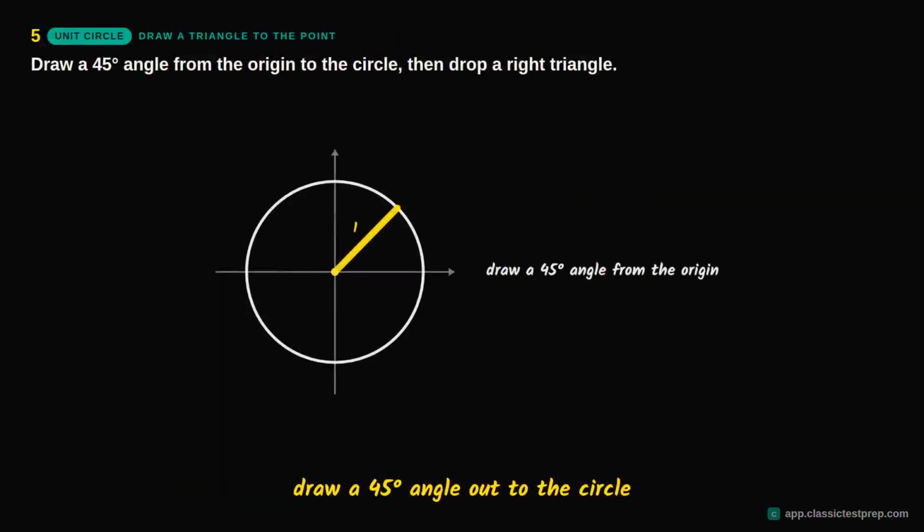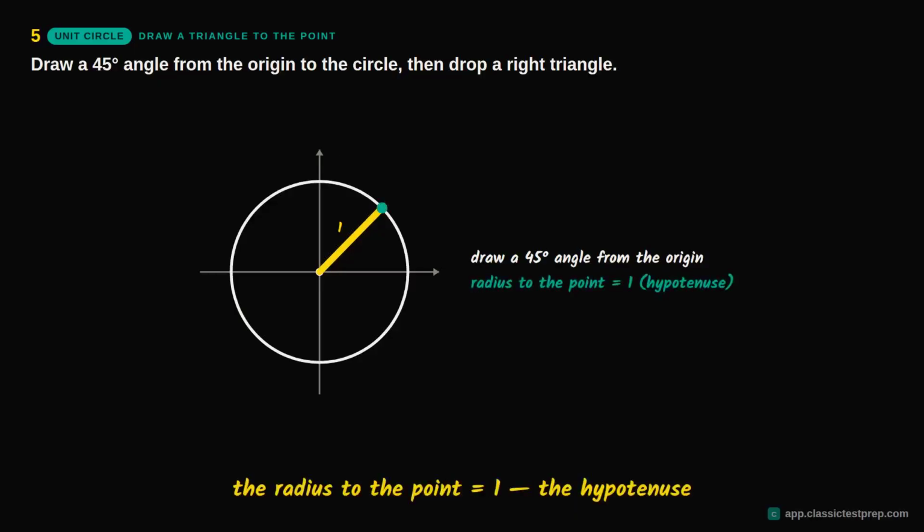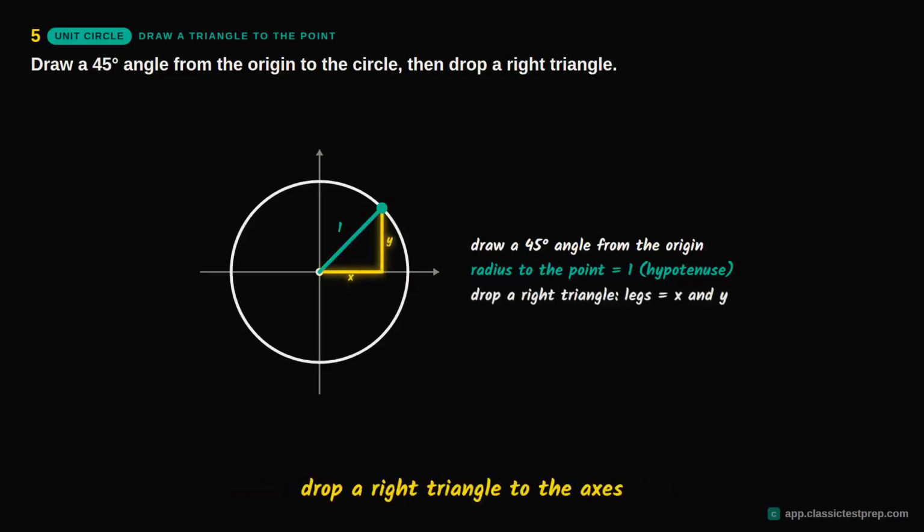Let's start by drawing a 45-degree angle from the origin up to a point on our circle. Now, you'd agree that the length from the origin to the circle is 1, right? Of course you would. Now, let's draw our triangle. This is a right triangle, and it should tell us how far along the x-axis we've made it and how far along the y-axis we've made it.